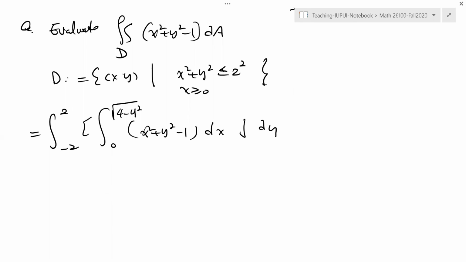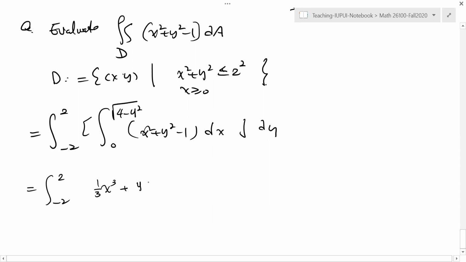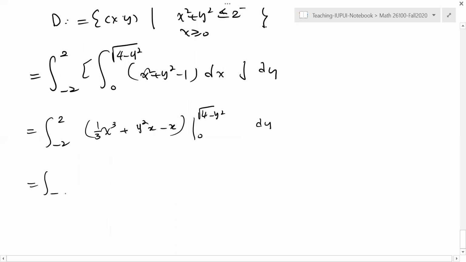Let's find the antiderivative of this function with respect to x. That will be x cubed over 3, plus y squared x, minus x. This is the antiderivative. As you can see, it really gets complicated.